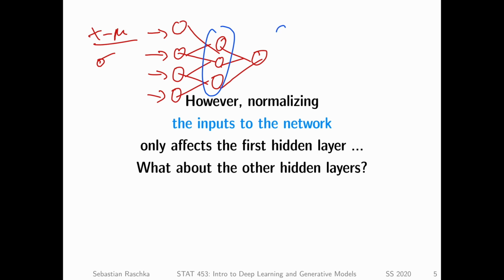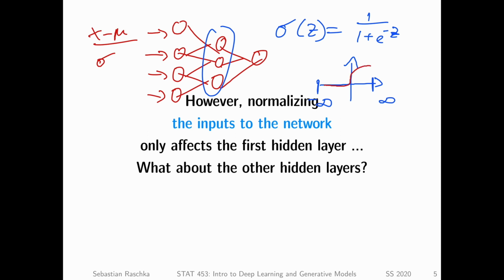For example, if you think back to the logistic sigmoid function, where z is your net input, the input values are from minus infinity to infinity, and the outputs are between 0 and 1 with 0.5 in the center here.